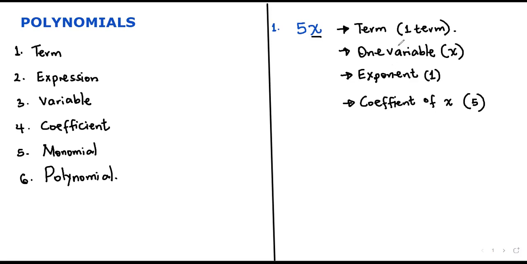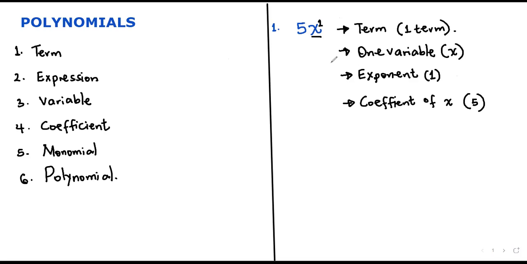Okay. So the whole of 5x, we call it a term. It has one variable, which is x. The exponent of the variable x is 1. In other words, the power is 1.